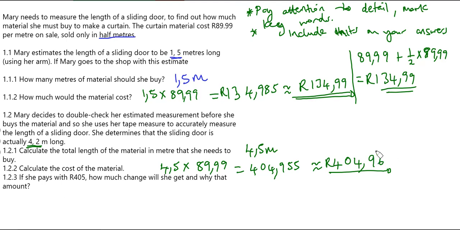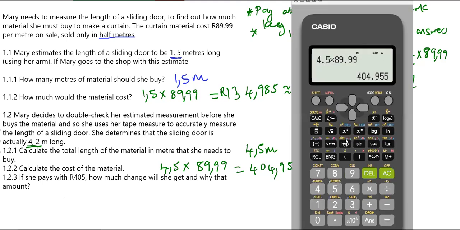So here she's supposed to get 4 cents, because if you say 405 minus 404.96, you should be getting 0.04, which is 4 cents. But do we have 4 cents in the system? No, we don't have 4 cents in the system. So they must give you 10 cents.